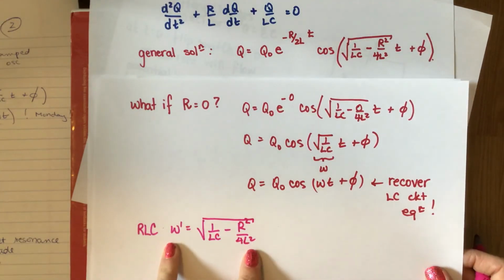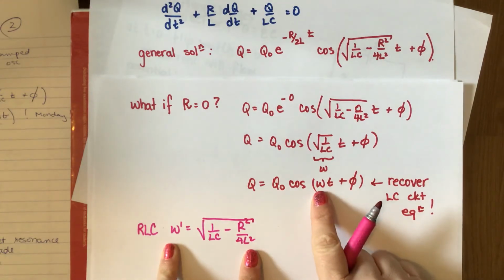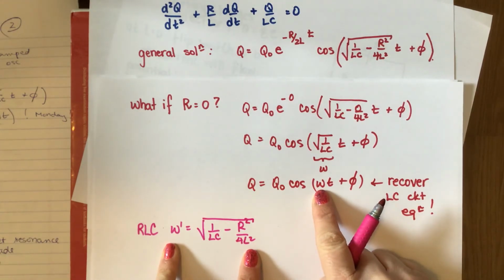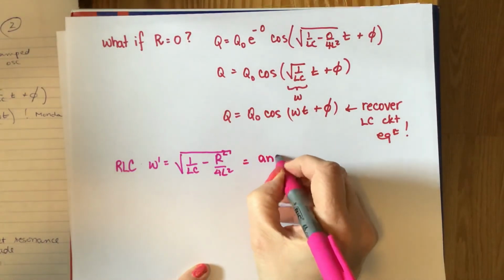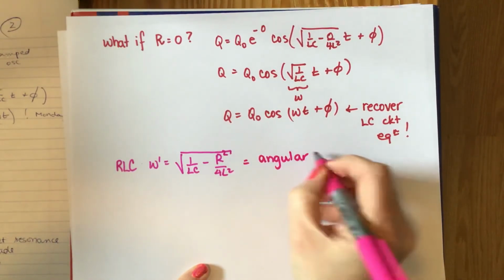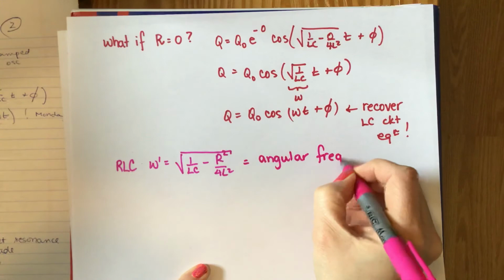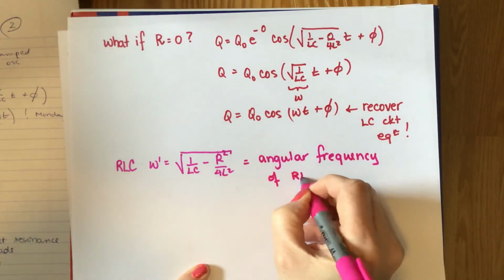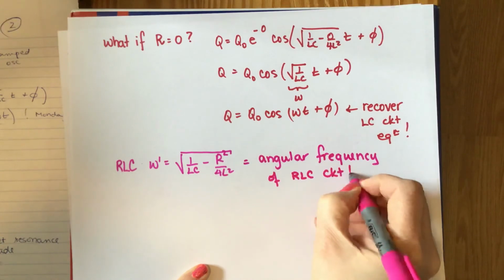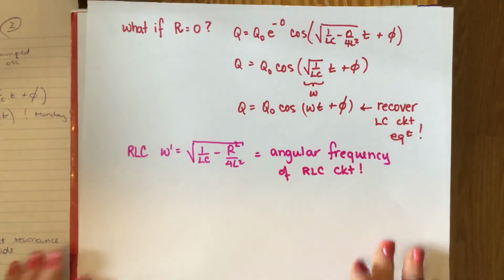So this frequency of oscillation is not the same as the frequency of oscillation of the LC circuit because the resistance makes that frequency change. So that's a little bit different.